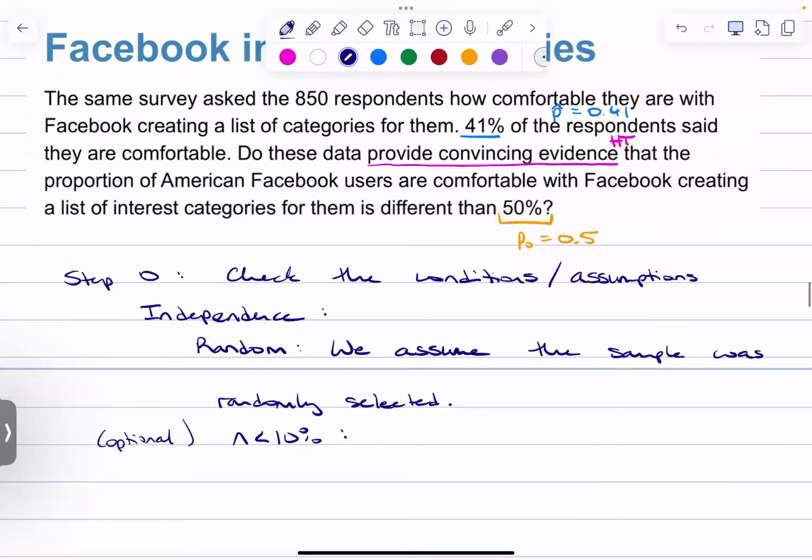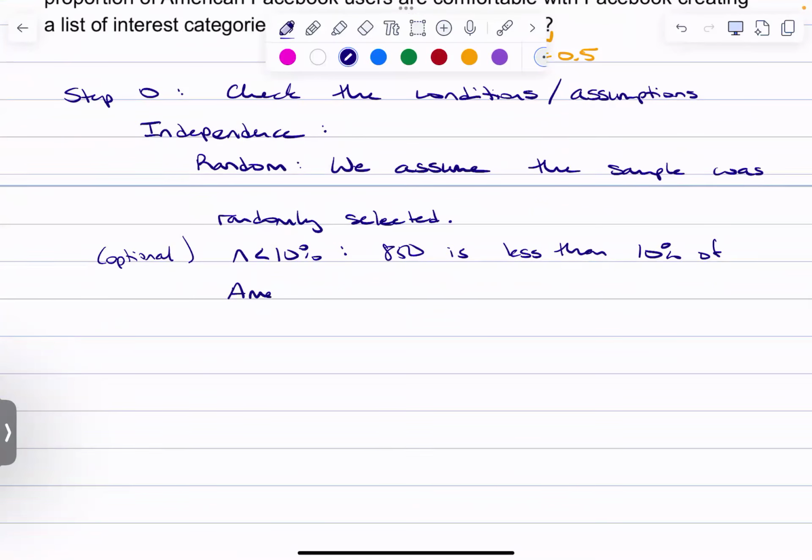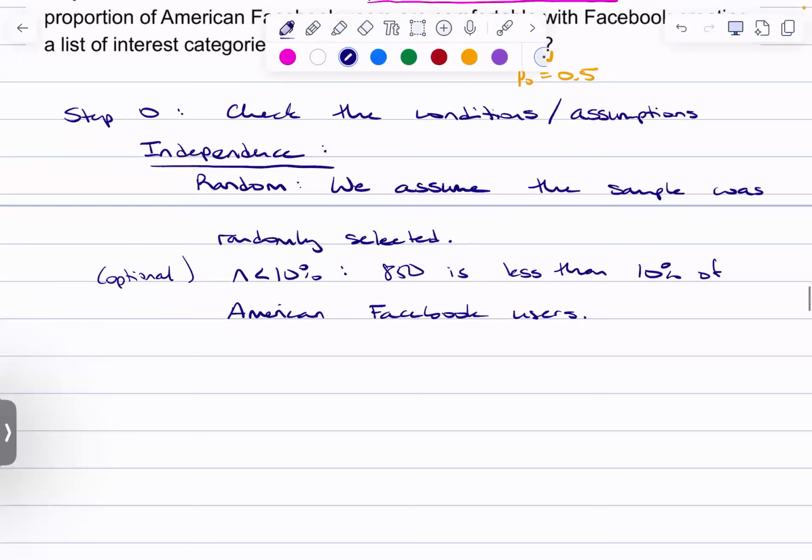We said 850 is less than 10% of American Facebook users. So that's the independence section.